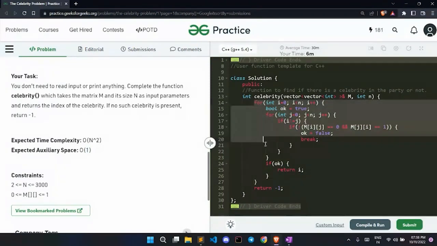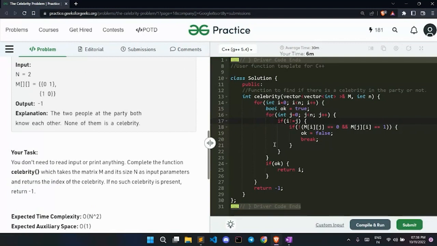This is an n square solution and we have just used a boolean value. Okay. We are not using anything else. So according to GFG, this should be good enough for you. But if a Google interviewer is asking you the solution, isn't it quite easy to solve? So let's see how we can improve this one.